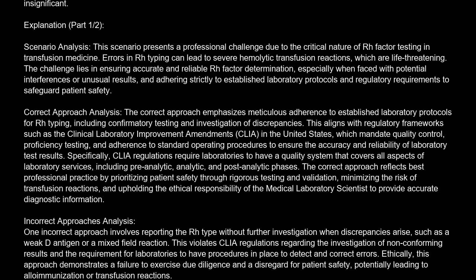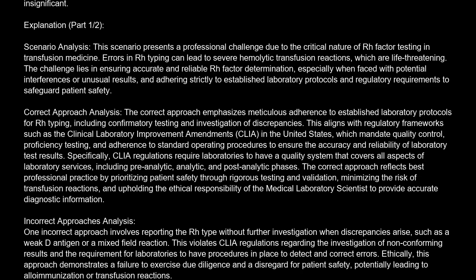Specifically, CLIA regulations require laboratories to have a quality system that covers all aspects of laboratory services, including pre-analytic, analytic, and post-analytic phases. The correct approach reflects best professional practice by prioritizing patient safety through rigorous testing and validation, minimizing the risk of transfusion reactions, and upholding the ethical responsibility of the medical laboratory scientist to provide accurate diagnostic information.